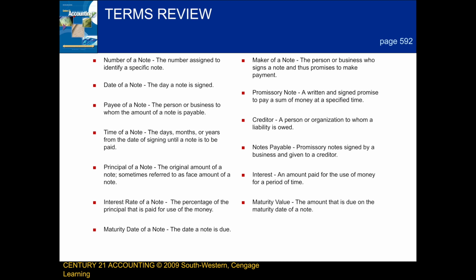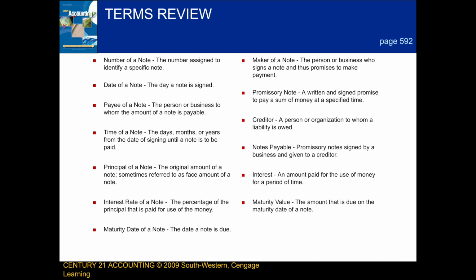So the number of a note is the number assigned to identify a specific note. The date of a note is the day a note is signed. The payee of a note is the person or business to whom the amount of a note is payable.